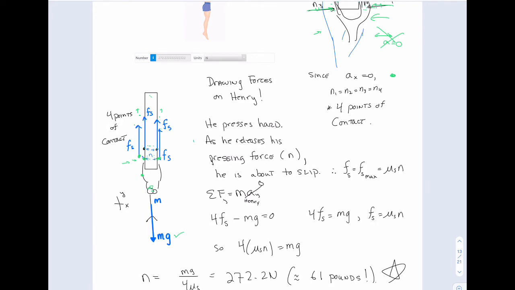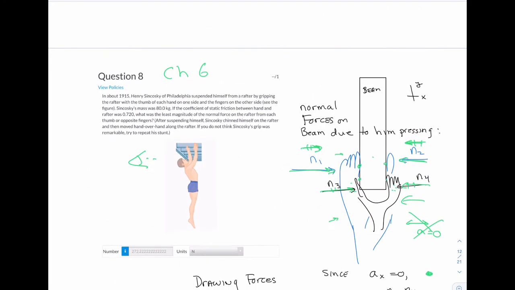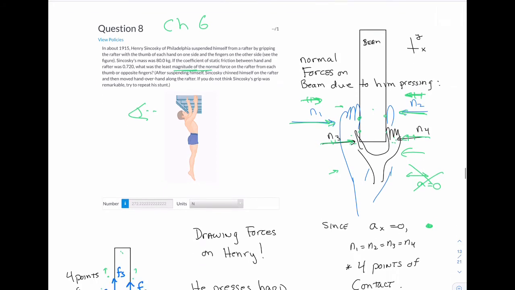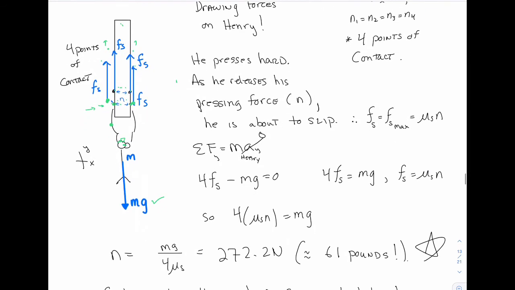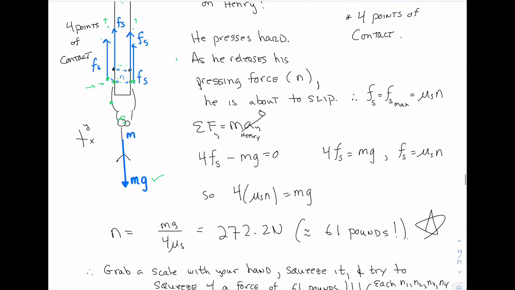That's why those friction forces point up. They're asking, what's the least magnitude of the normal force? If he's pressing really hard and he's hanging there, and he starts to release his grip, what's the smallest force he can hold the grip with before he starts to slip? So I drew the forces that act on him.